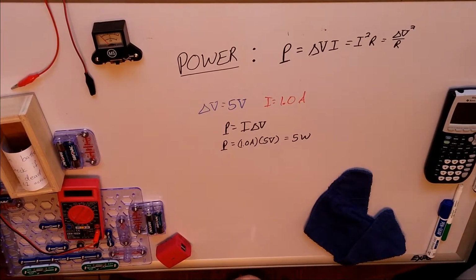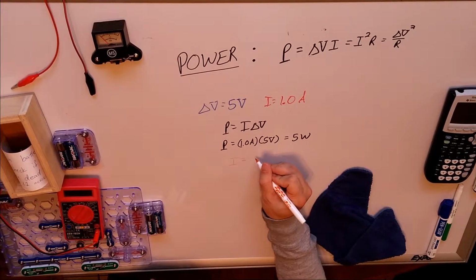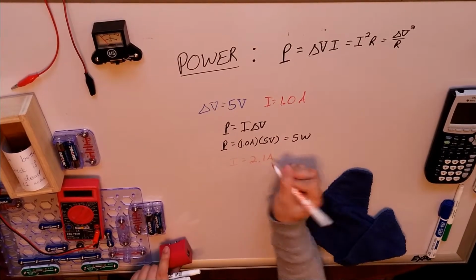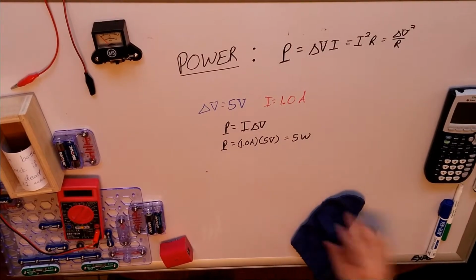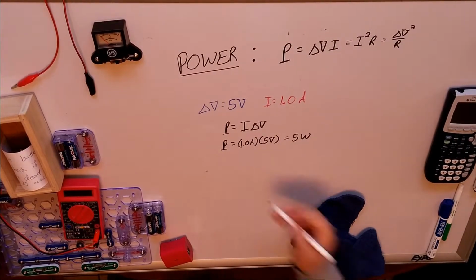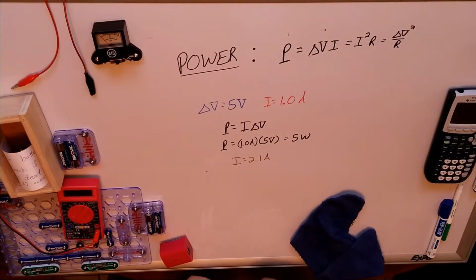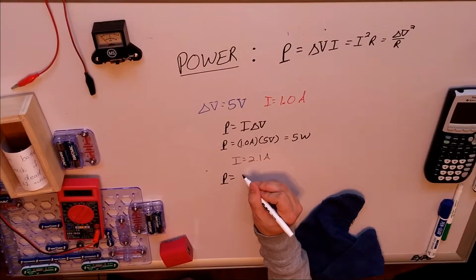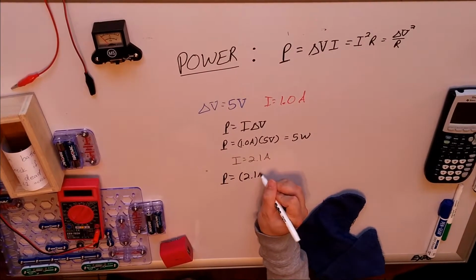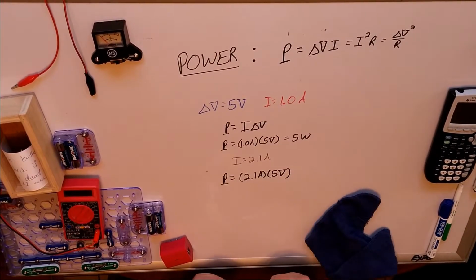However, they have a second one on here that says that its current is equal to 2.1 amp. Hopefully you can see that pretty clearly. Let me see if I can get a darker color. I got some new markers for this. Current is 2.1 amp. Okay, so if I were to find the power on this one, power is going to be equal to 2.1 amp this time, times 5 volts.